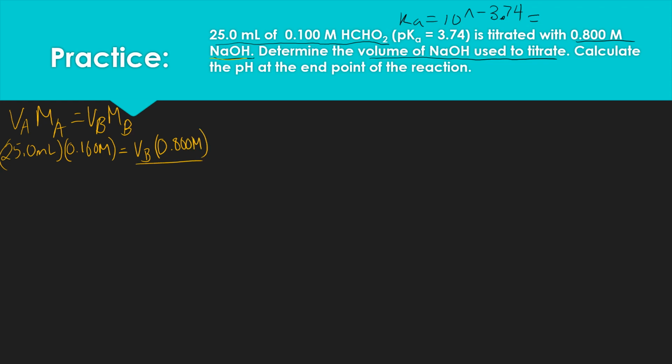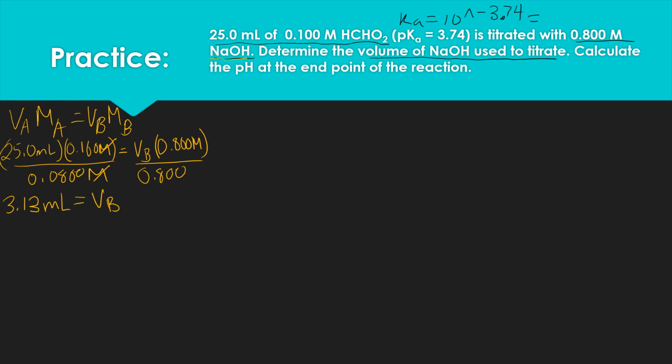To get our volume of our base, we divide by 0.8. Molarities cancel, and we get 25 times 0.1 divided by 0.8, which is 3.13. We've got 3 sig figs here. Milliliters, our units left, is equal to our volume of our base.